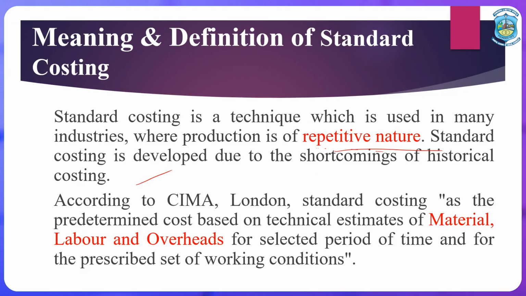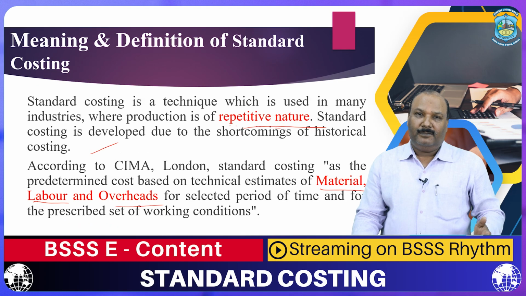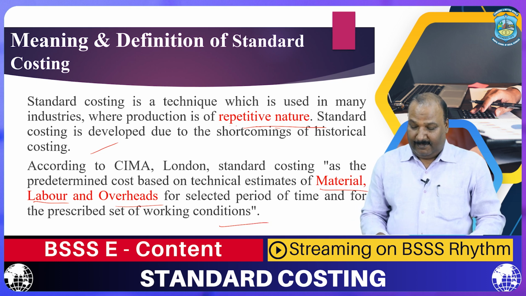According to CIMA London, standard costing is the predetermined cost based on technical estimates of material, labor and overheads for a selected period of time and for a prescribed set of working conditions.